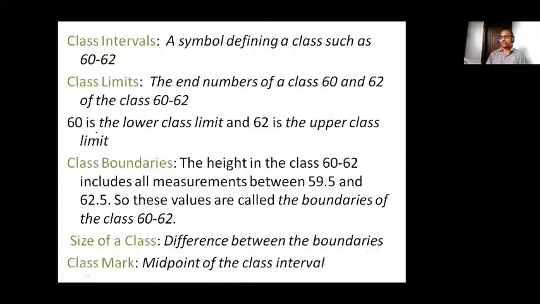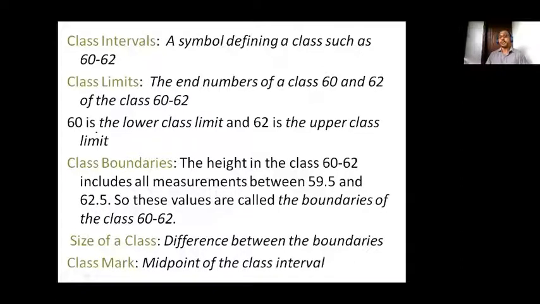Class boundaries. When we record a height of 60 inches, we consider all the values from 59.5 to 60.5. So in the class 60-62, we consider all the values between 59.5 and 62.5.